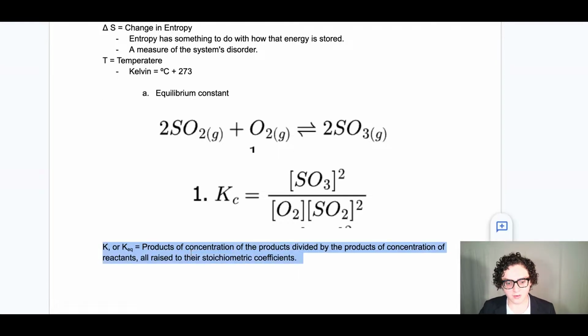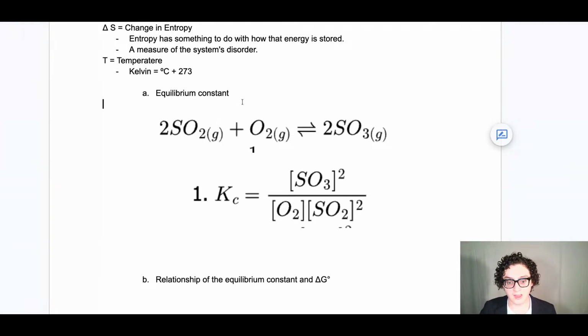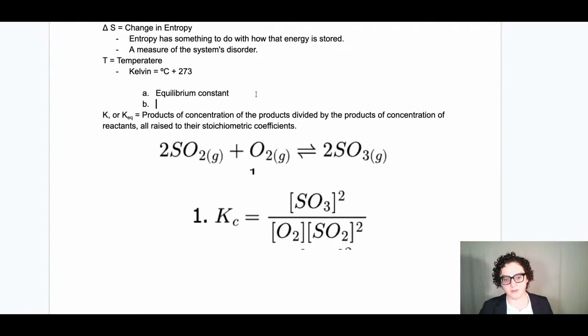The equilibrium constant is represented by K or KEQ. That value is equal to the products. So what happens when you multiply the concentrations of the reaction products, these things on the right side, and divide by the multiplied concentrations of the reactants, so O2 times SO2, all raised to their stoichiometric coefficients.